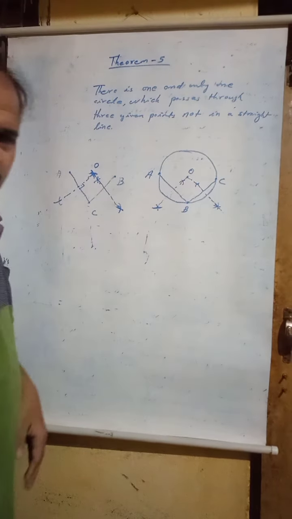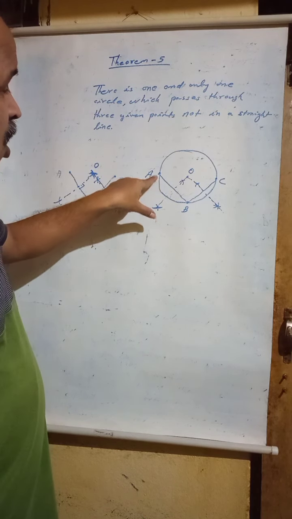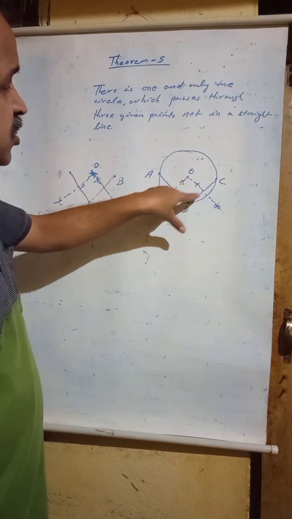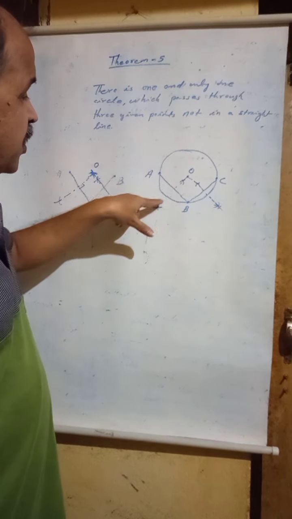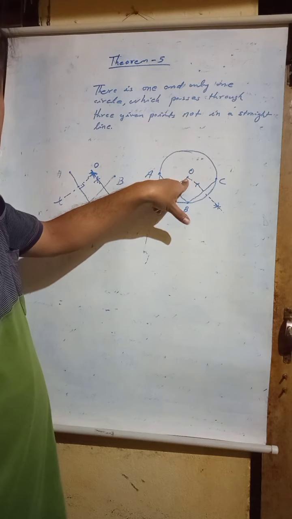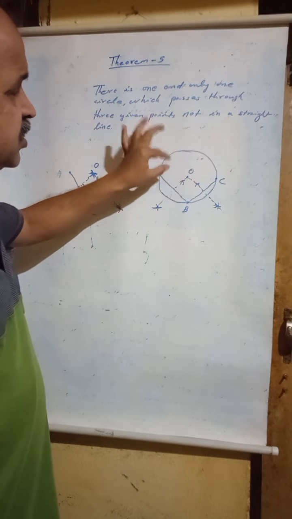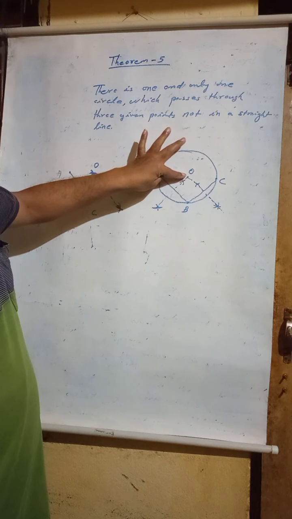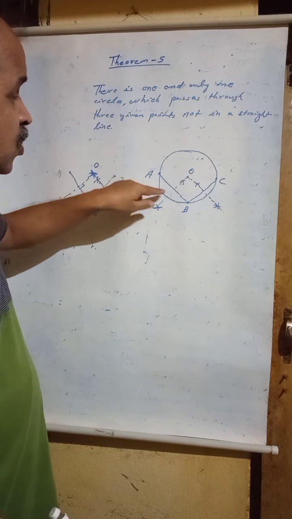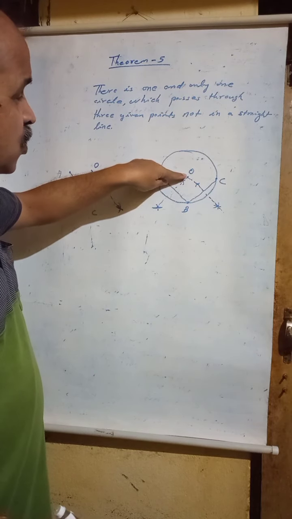As you know, this is one chord and this is one chord, and the perpendicular bisector of a chord always passes through the center of the circle. So for AB and BC, we got the center of the circle O, where the perpendicular bisectors met.